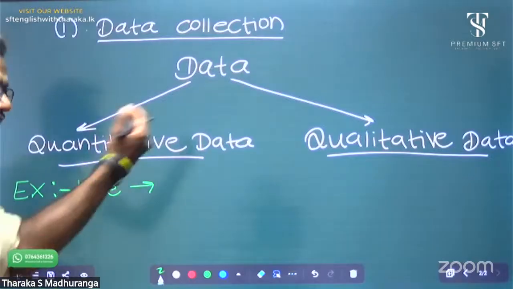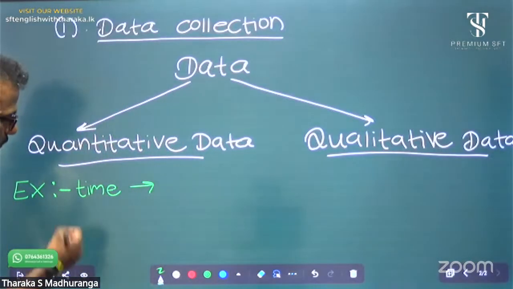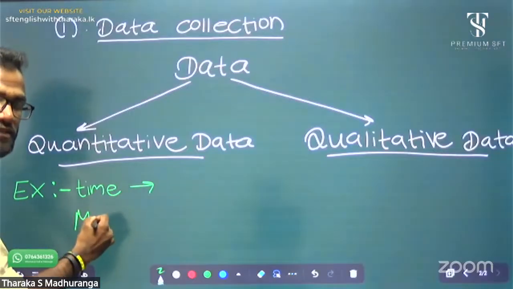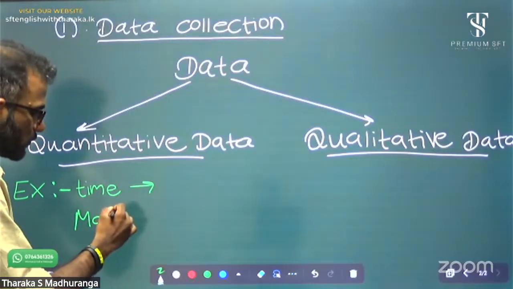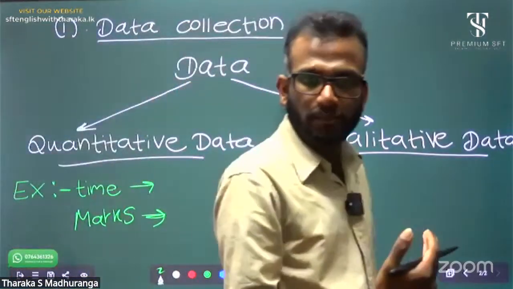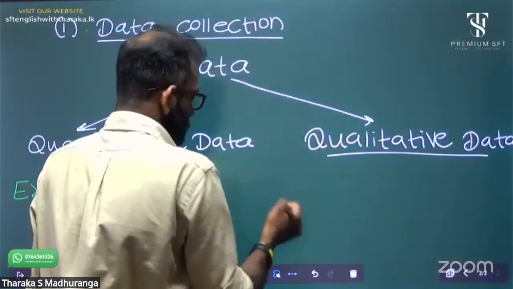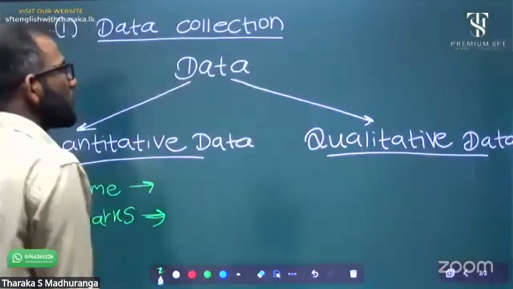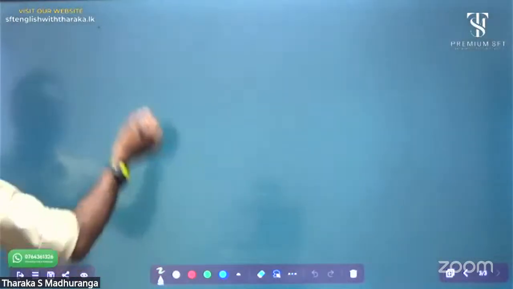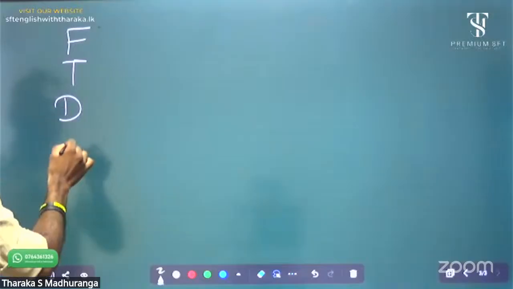Understand the difference. If you collect the marks of students in your past exam as data, this is a type of quantitative data. Think Fatima, Tanya, Dehini.